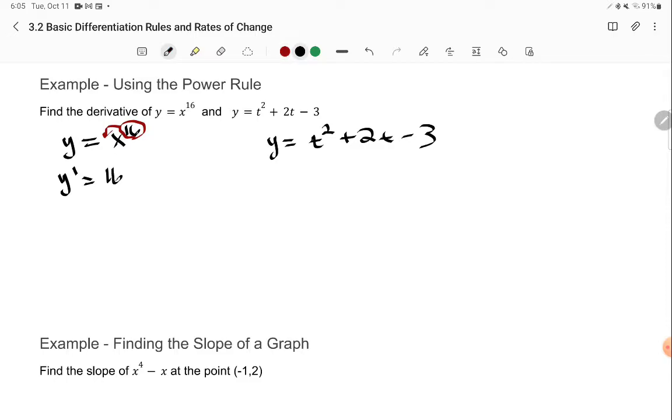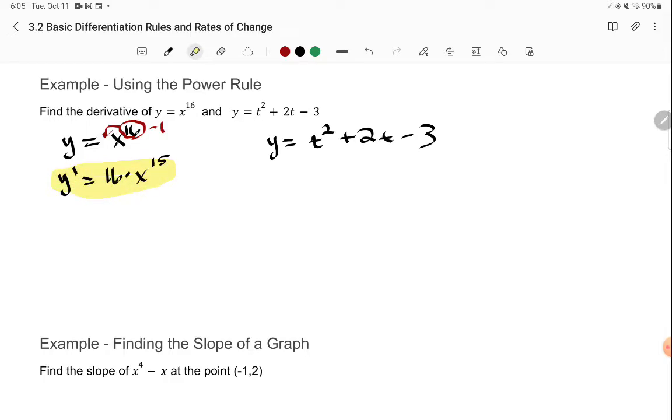So it would be 16 times x, and then you'll end up just subtracting 1 from your exponent, and that is your new exponent. So then the derivative becomes 16 times x to the 15th. And that's it. So right here, we have the derivative.